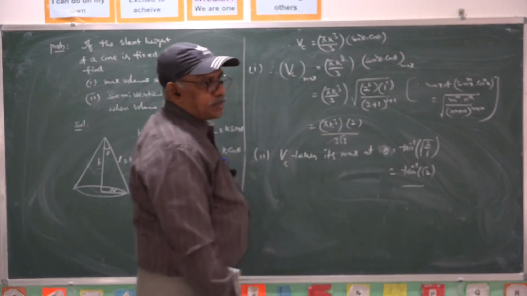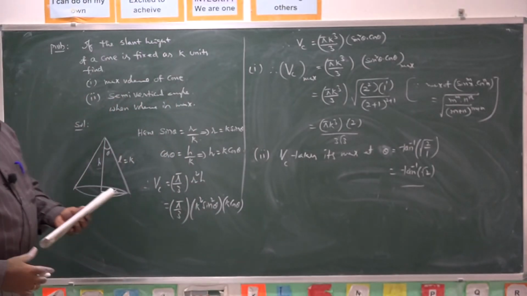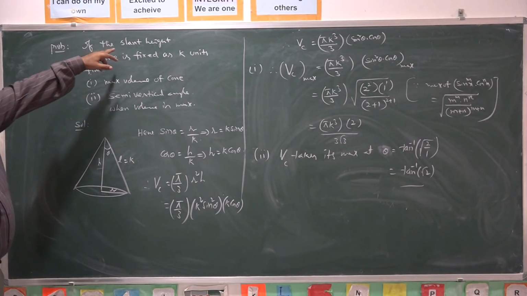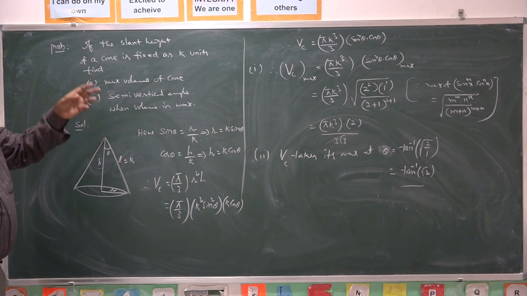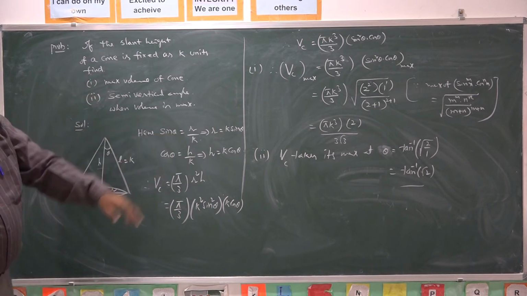Once the volume is maximum for a given slant height, the semi-vertical angle is always tan inverse root 2.